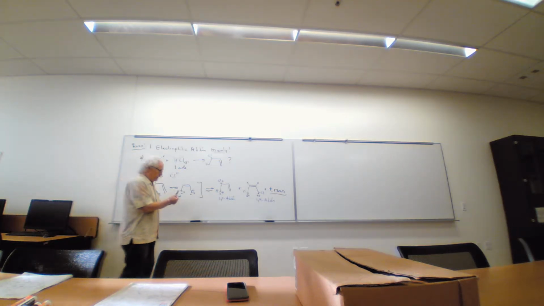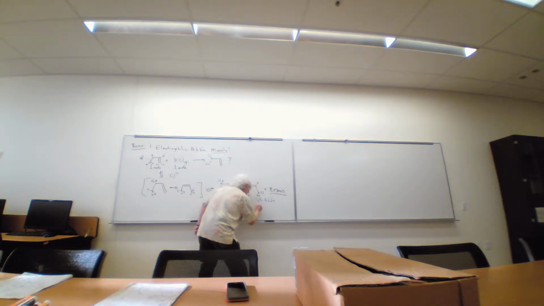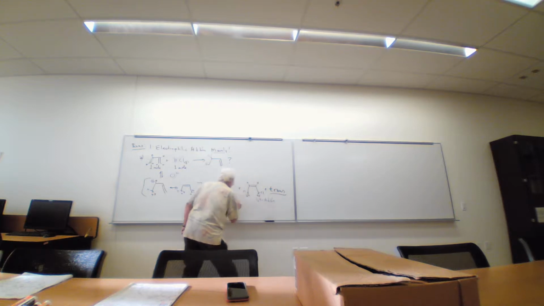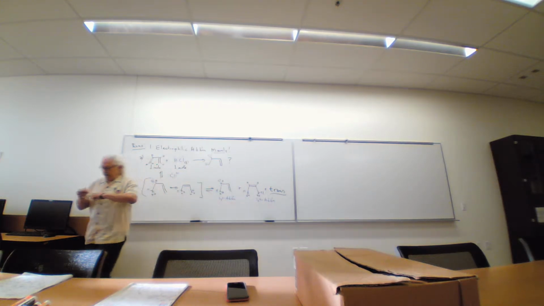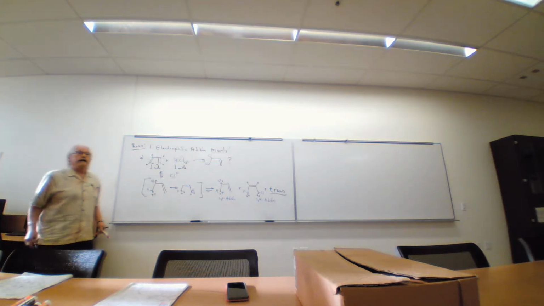Another term that we use here is this is direct addition versus conjugate addition. Direct addition means I just added to the double bond. Bam! Conjugate addition means I added to each end of the conjugated pi system.